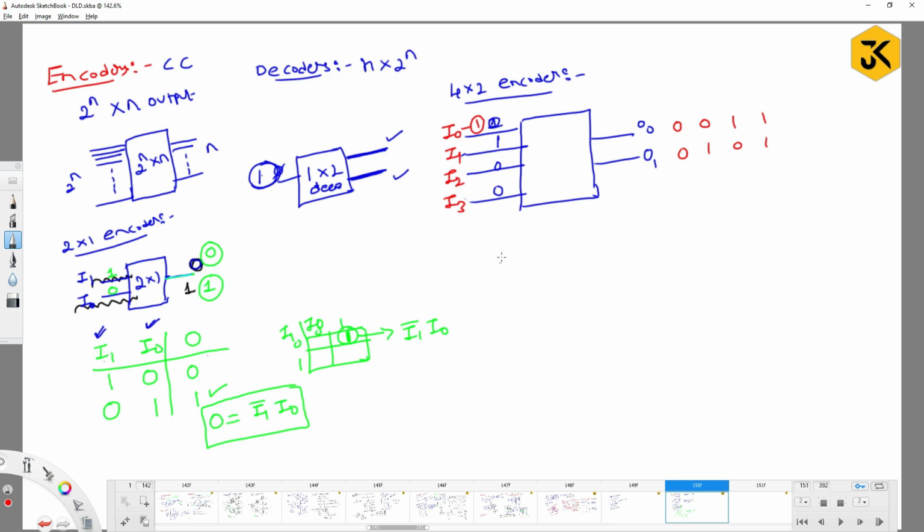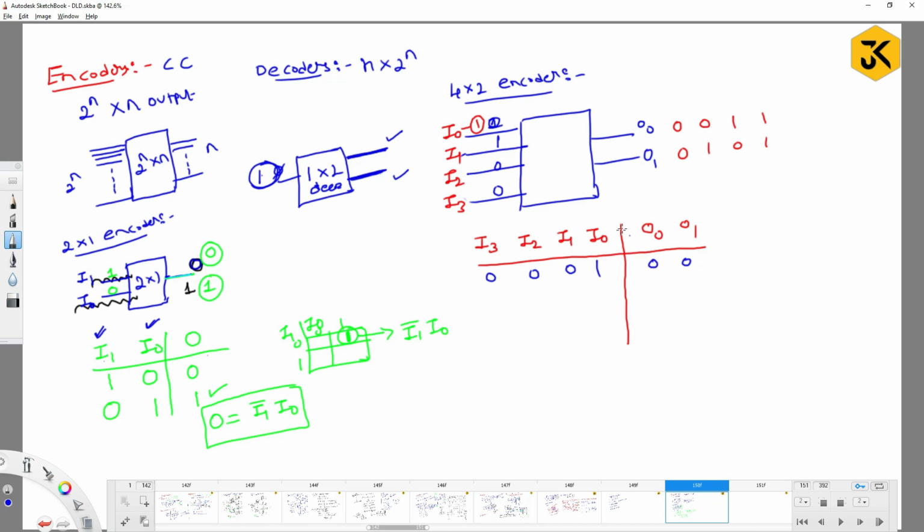So if I represent this, it should be I3, I2, I1, I0, and your outputs will be O0 and O1. What might be the possibilities? If I say 0001, what might be the output you are going to get? 0 0.